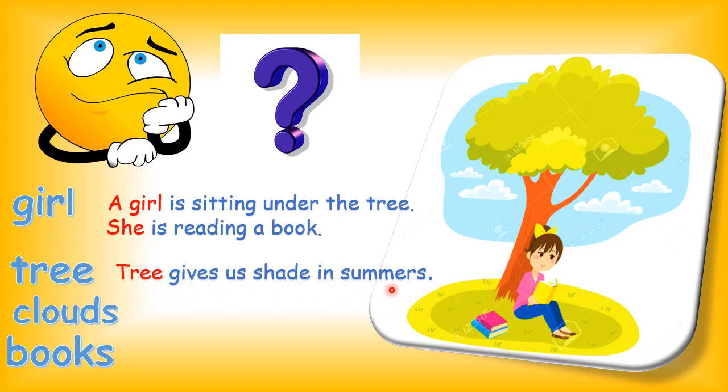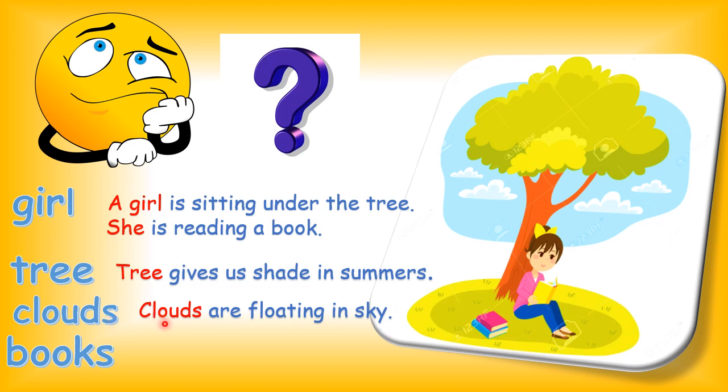Subject and predicate join together to form a sentence, which gives a meaning. Is it clear, children? And remember one more thing. Predicate always contains a verb. Is it clear?